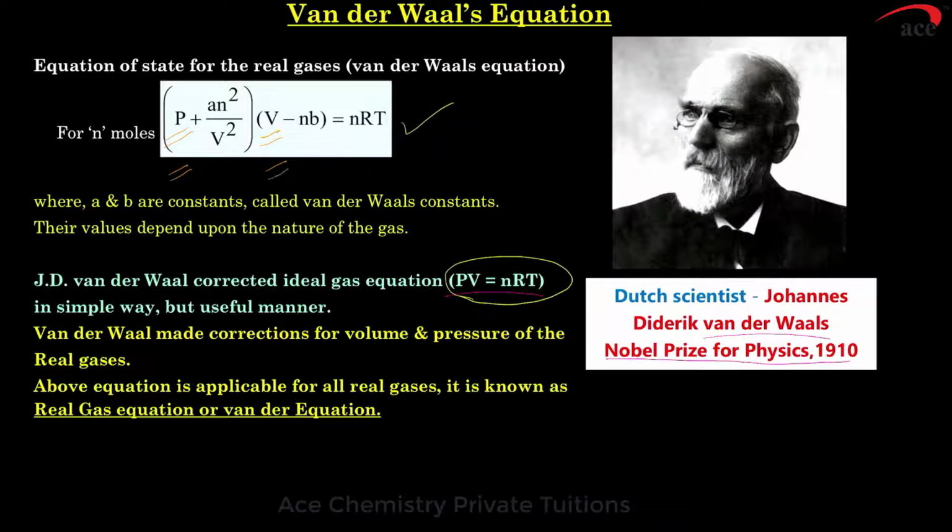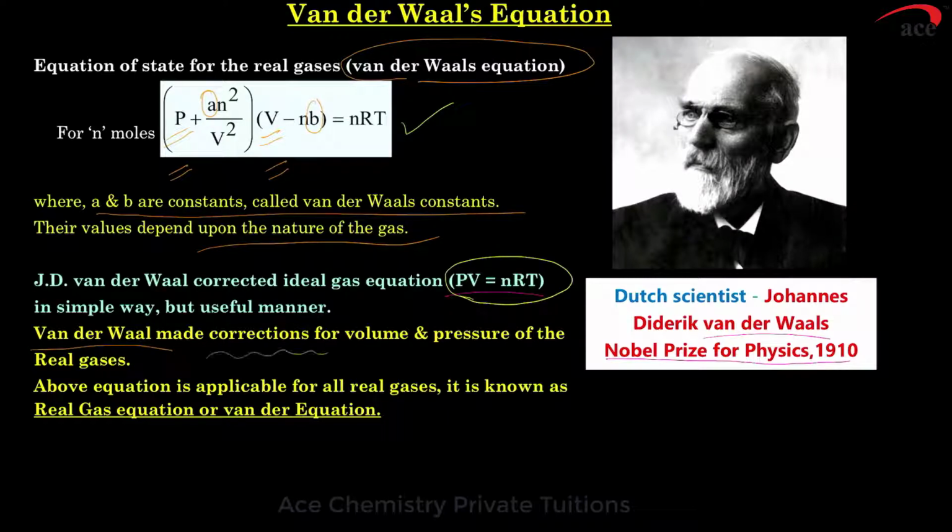It is also known as the real gas equation, where a and b are Van der Waals constants and they depend on the nature of the gas. Mr. Van der Waals, a Dutch scientist, made corrections in volume and also in pressure as per real gas.